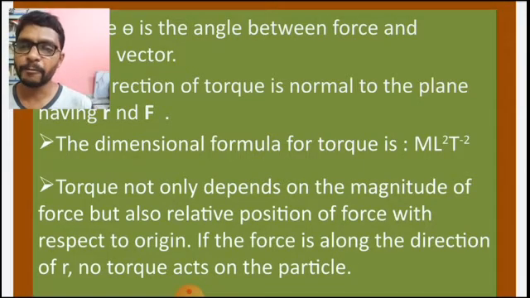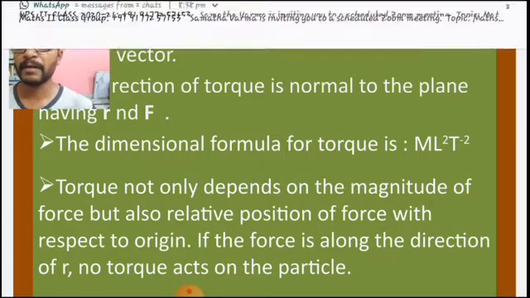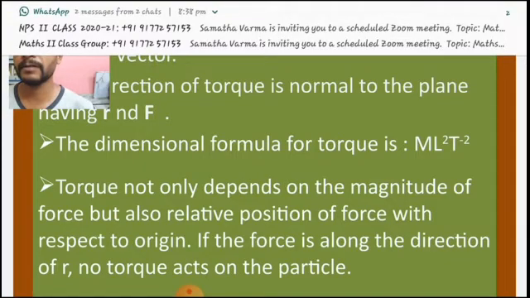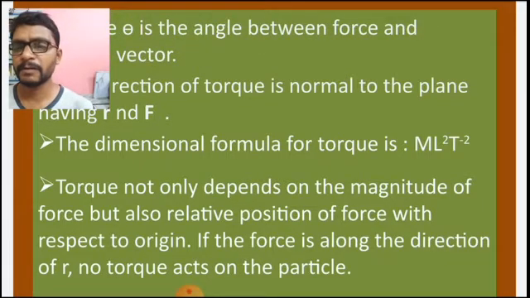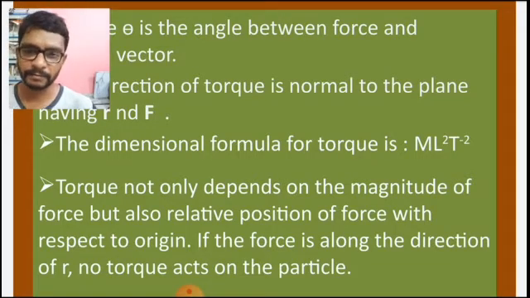If the force is acting along the direction of the radius vector r, then r cross F is r F sin theta, where theta is equal to 0. Then the resultant torque acting on the particle is 0.